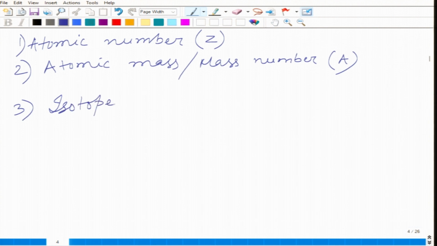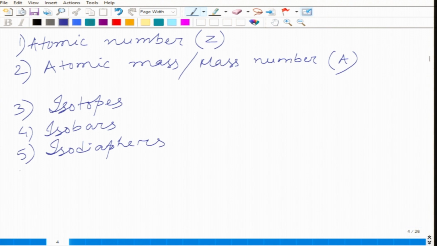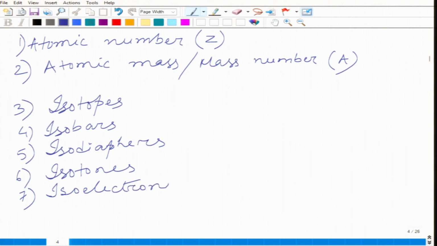According to this, there are a few more terms that we will see today. They are isotopes, isobars, isodiaphers, isotones, isoelectronic species, and isosteres. If you remember, we had some introduction about isotopes and isobars when we discussed Dalton's atomic theory.